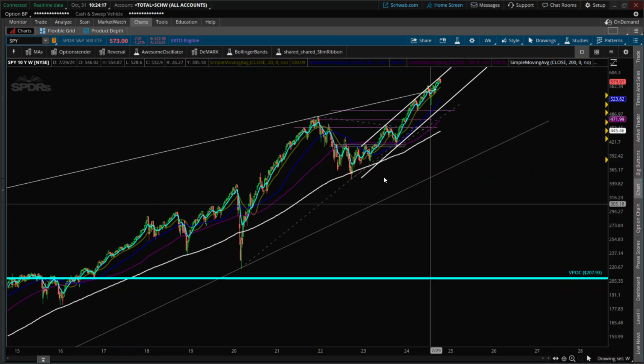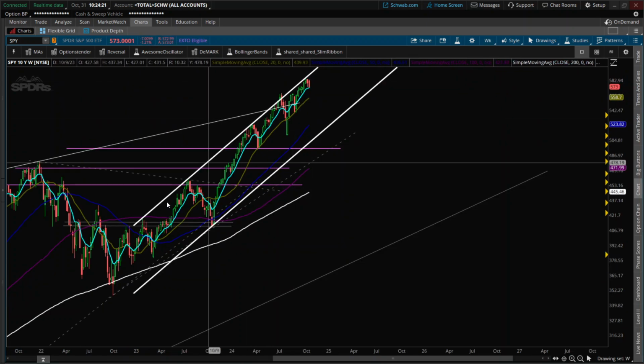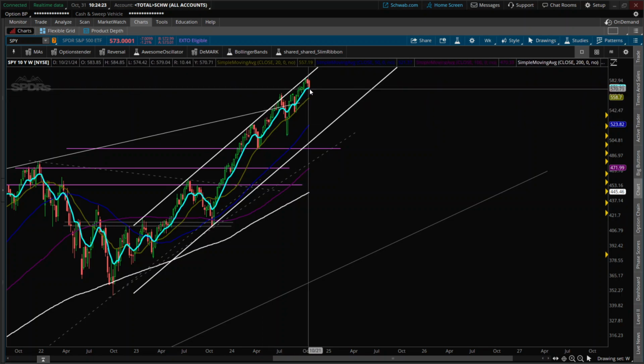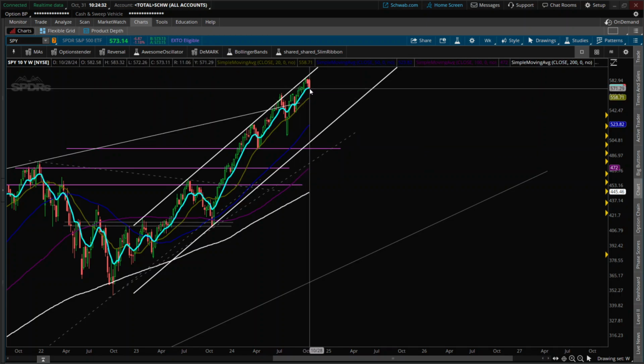On the weekly time frame, in a traditional sense, we came back up to the top trend line here, reversed off of it, and we're getting a little bit of a reaction here because we're at the 8 EMA. So the momentum in a technical stance is still up. We still need to break this 8 EMA in the weekly time frame.